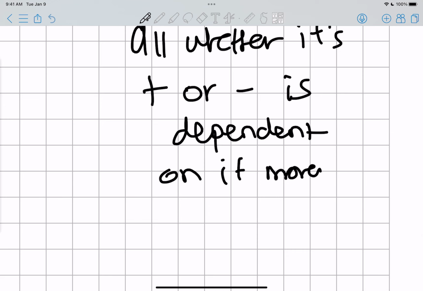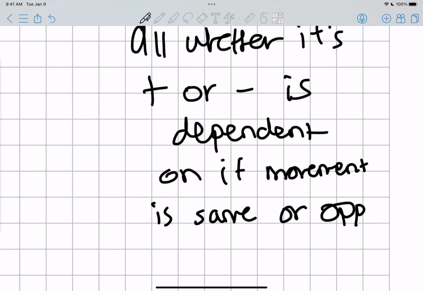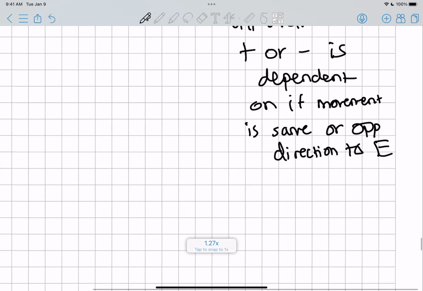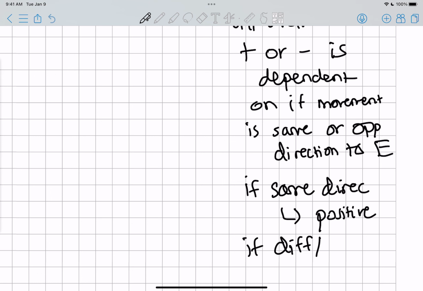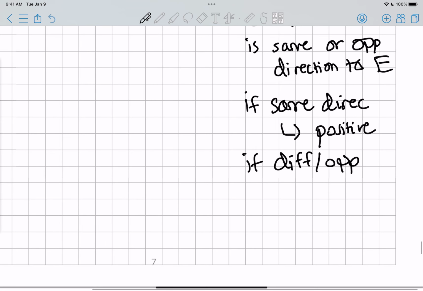If movement is the same or opposite direction to electric field, so if it's the same direction, positive. If different or opposite, then it's negative.